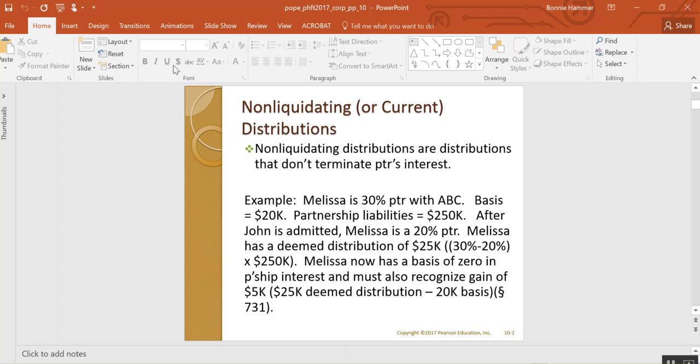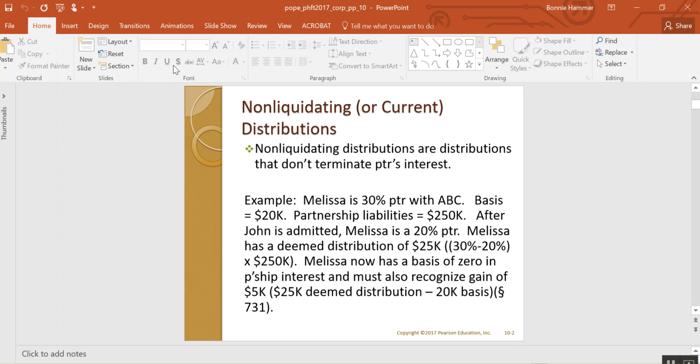She doesn't get basis anymore for 30% of the liabilities. She only gets basis for 20% of the liabilities. The way you calculate that is by asking what's her decreased interest. So it's 30% minus 20%, that's a 10% decrease. And then you multiply that times the liabilities. 10% times 250 is 25,000. So we need to decrease her basis by 25,000.